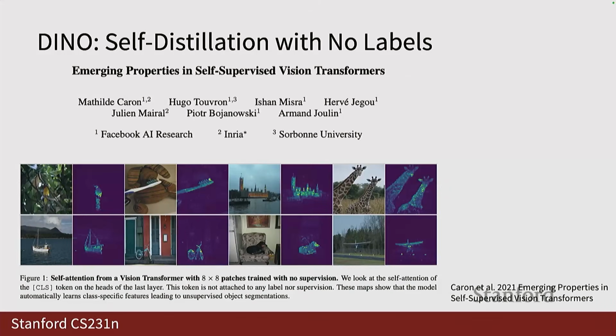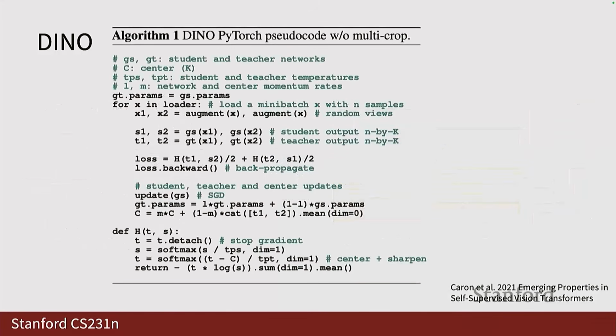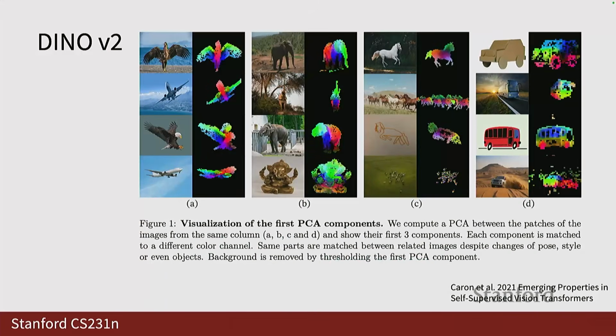And DINO is also one of the widely used frameworks, which has a similar type of architecture to MoCo, but it's not necessarily contrastive learning because now we have student and teacher networks. So I'll leave that for a separate discussion, and if you're interested, we can discuss it in future lectures. But anyway, this is also one of the widely used frameworks for extracting features from images and also videos sometimes.